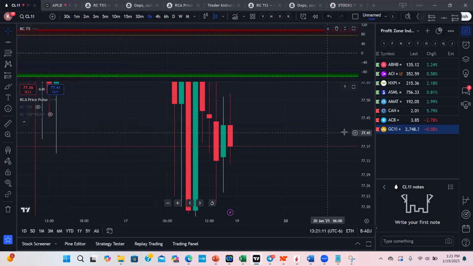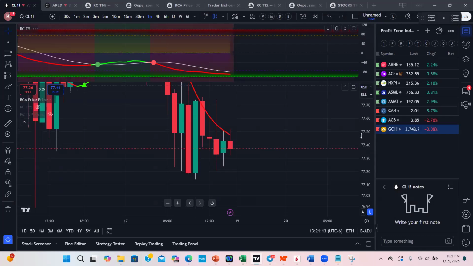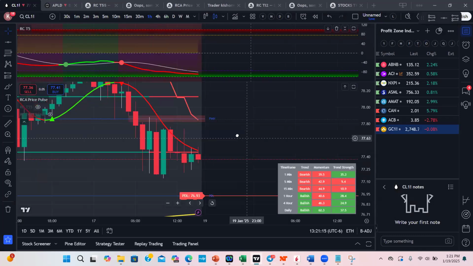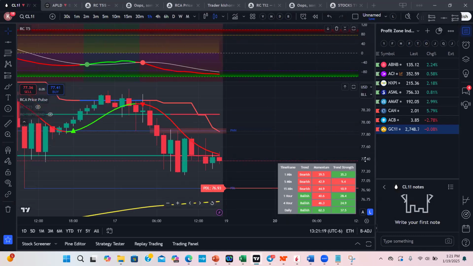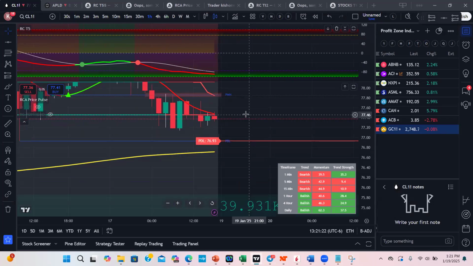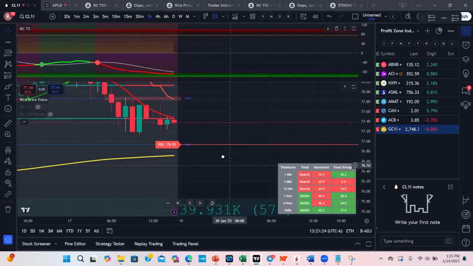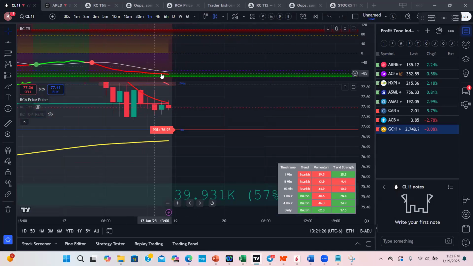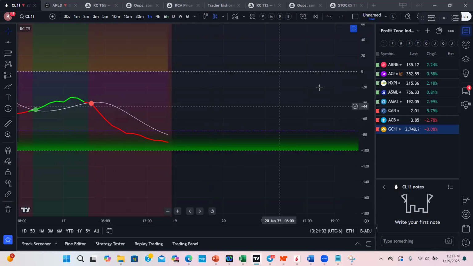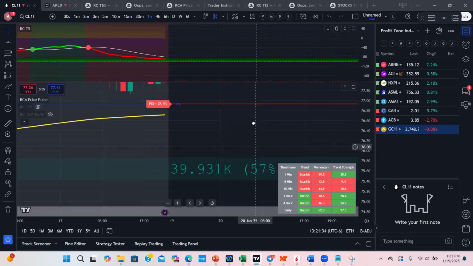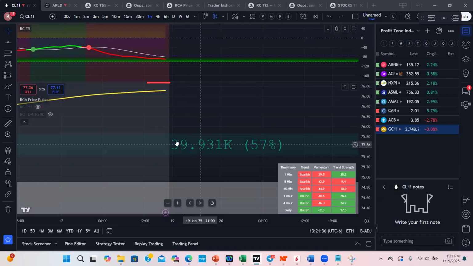Crude oil, crude oil came to the bottom. Maybe yeah, still as of now, bears are in control. Sellers are in control as of now. Maybe we may see it dropping further. This is where it will reverse again, 75.64.